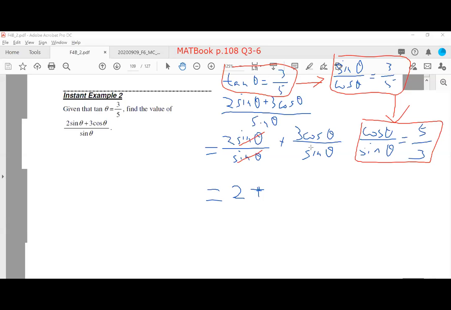But going back to the question, in the second fraction, we have 3 times cosine theta over sine theta. Okay, so this is exactly equal to 5/3, right? So we are going to keep the 3 here first, and then the cosine theta over sine theta will be changed to 5/3.